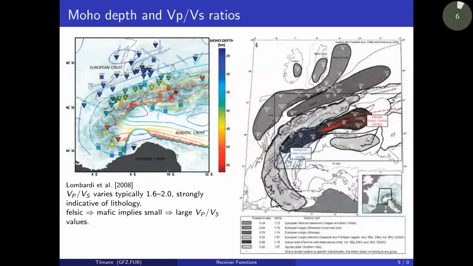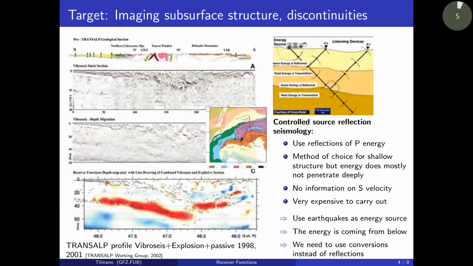Mostly it's just boundaries and velocities, discontinuities and velocities. Using surface waves is one part, using P and S waves, body wave tomography, is another part. But we can also make use of the idea of reflection seismology, okay?